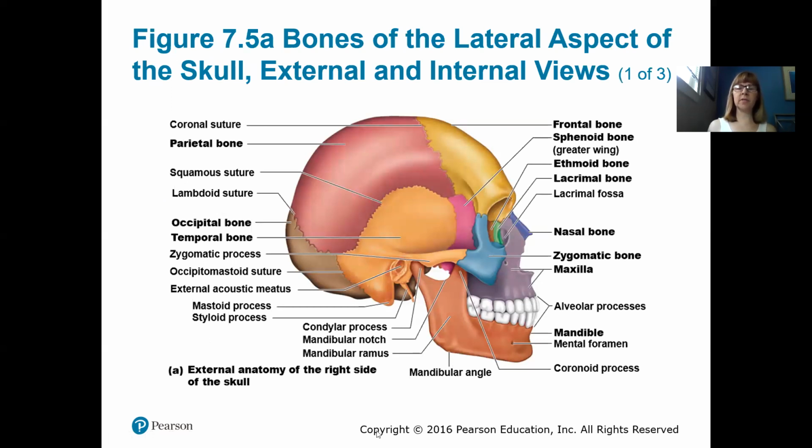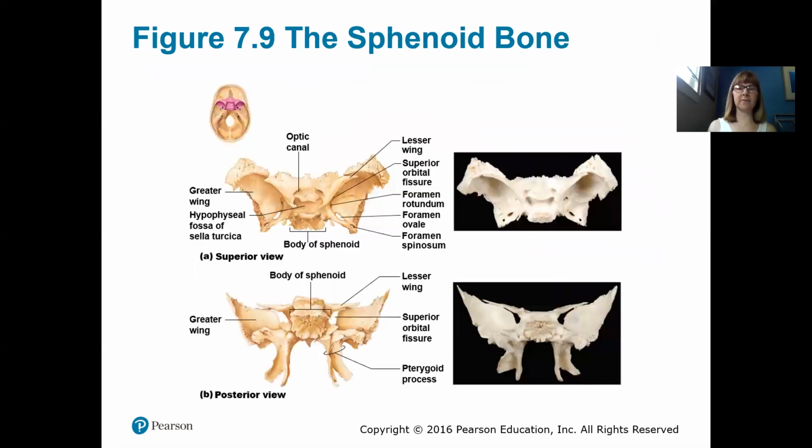Once again, you should be really familiar with pretty much everything on this illustration. Okay, here is the image of the sphenoid bone. In this cutaway image, you can see this is your temporal bone, back here is your occipital bone, and, sorry, your frontal bone here.